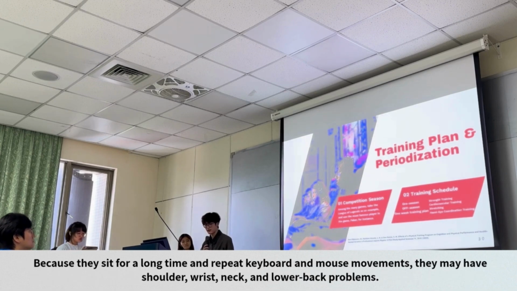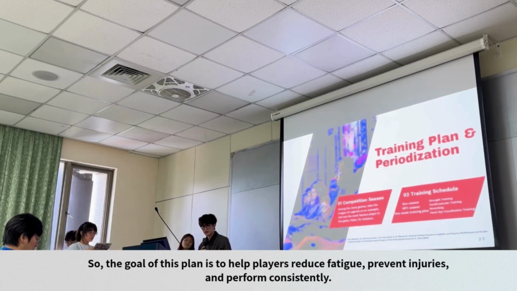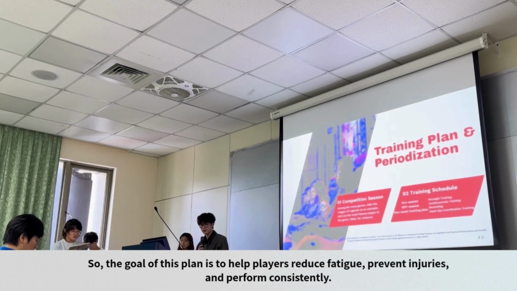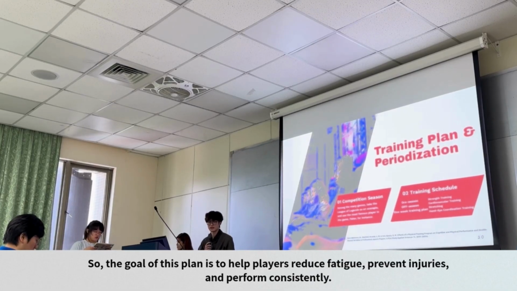Because they sit for a long time and repeat keyboard and mouse movements, they may have shoulder, wrist, neck, and lower back problems. So the goal of the plan is to help players reduce fatigue, prevent injury, and perform consistently.